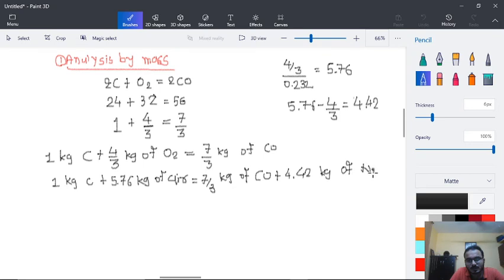So this will be our answer. And this 4.42 kg of nitrogen doesn't take part here.